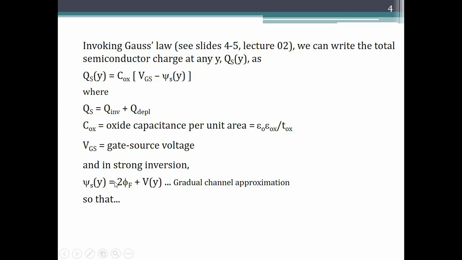Now this equation is called the gradual channel approximation in MOSFET physics theory because this 2 phi f is caused by a vertical field, this Vy is caused by a horizontal field, and we are saying this is an approximate equation because we are saying that these could be written separately as the sum of two independent quantities.